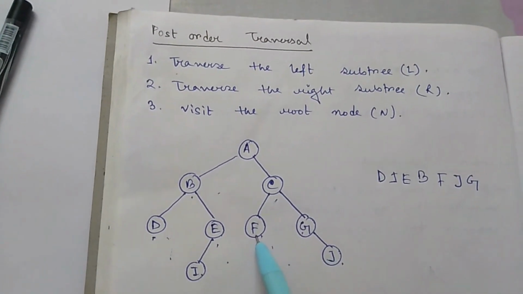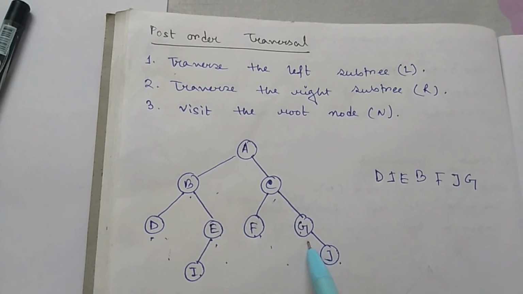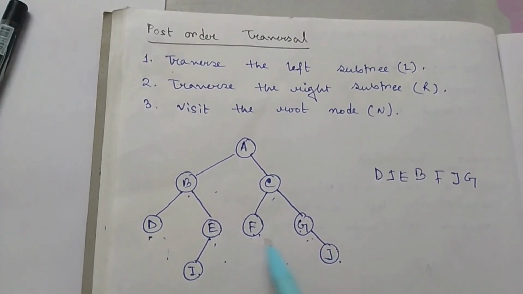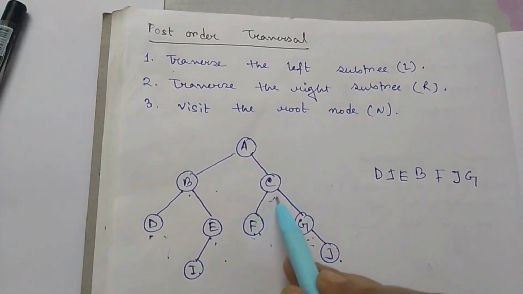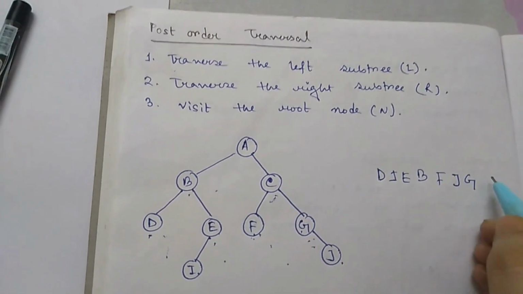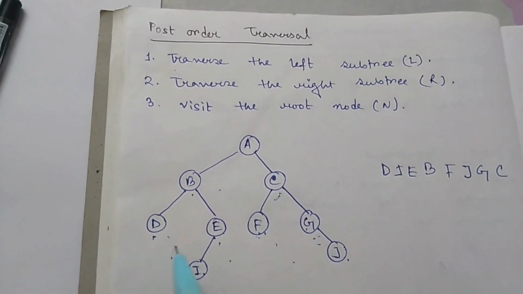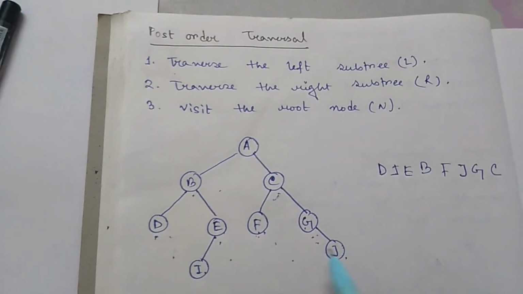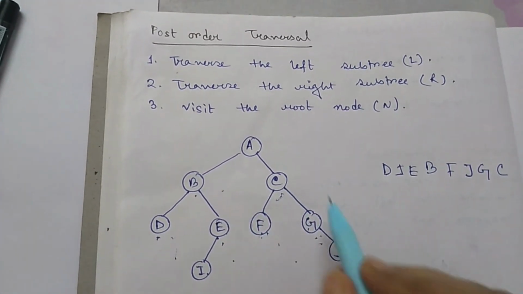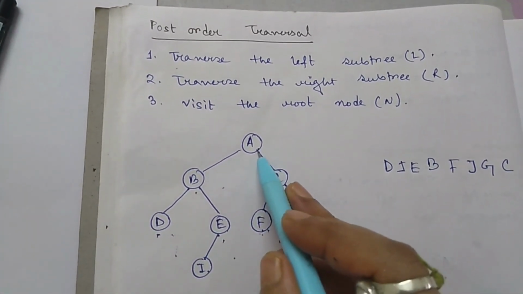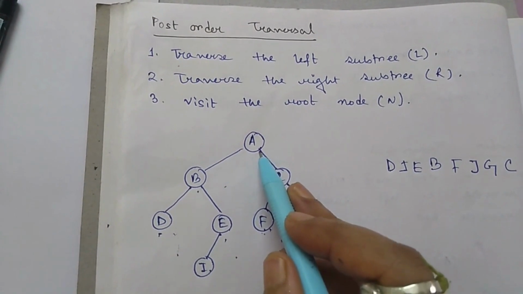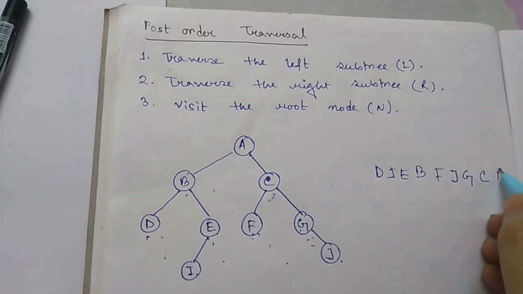So the left subtree and right subtree are complete. After that, according to the formula, we move to the next root position, that is c. So the left subtree is complete, the right subtree is complete, and finally we move to the root position of that tree. What is the root value of that tree? That is a.